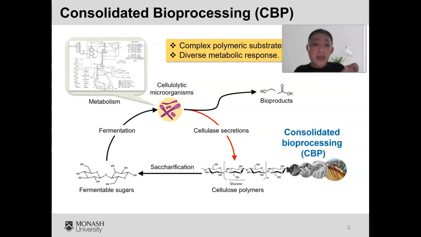So these are the two key things: a complex polymeric substrate and the complex metabolism of the microbial system. These are what we need to take into consideration when we try to understand consolidated bioprocessing, which is a process where the microbe produces its own enzyme to break down cellulose, and at the same time assimilates and metabolizes the simple sugar broken down from cellulose for its own metabolism in order to produce the valuable biochemicals that we want.